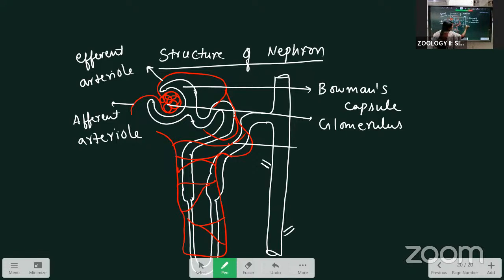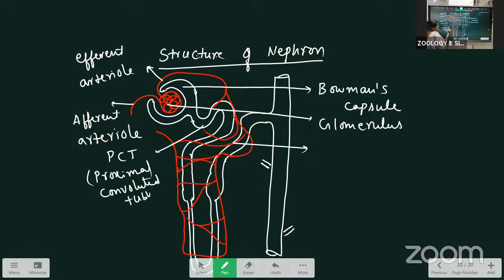First is the renal tubule, which has the PCT, the proximal convoluted tubule. After the PCT, a U-shaped hairpin-like structure is present, that we call the loop of Henle.